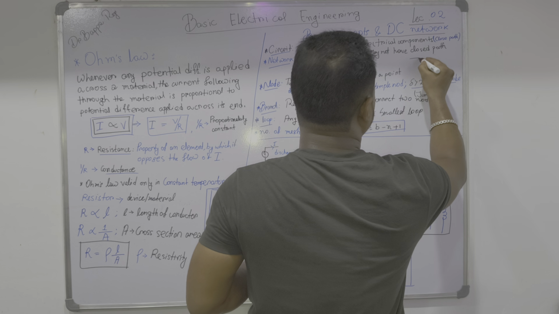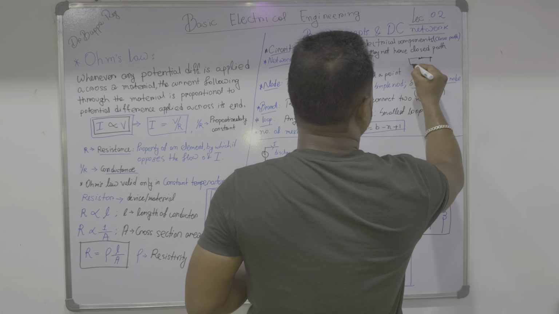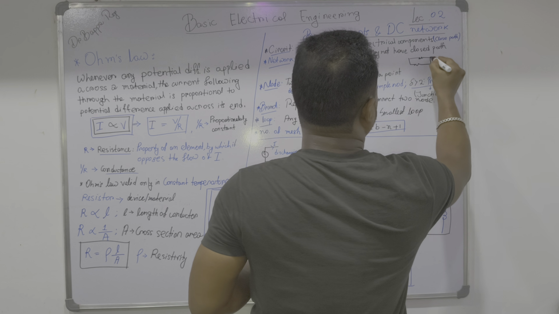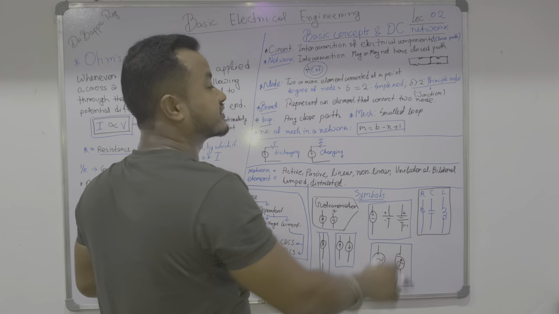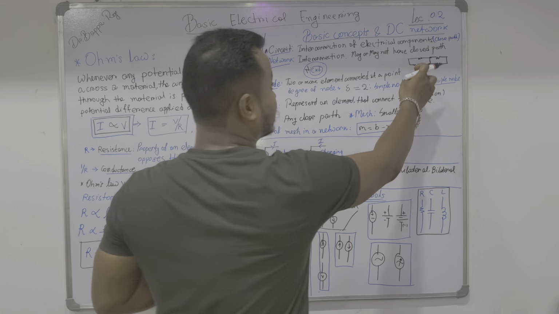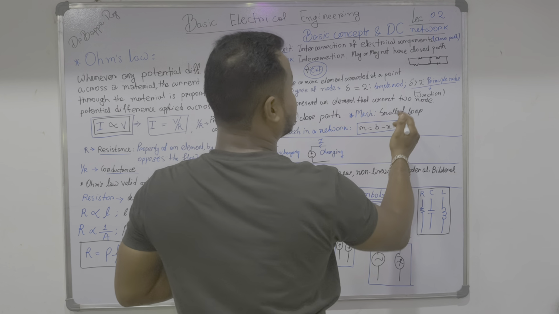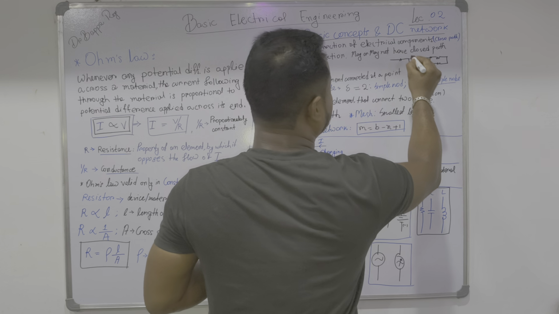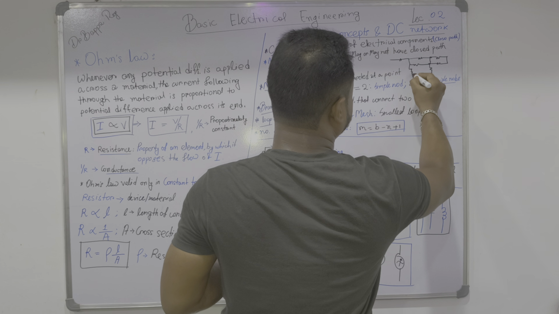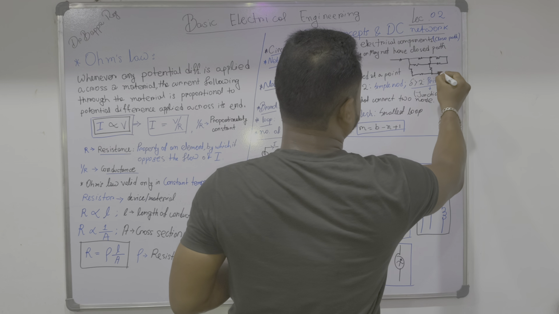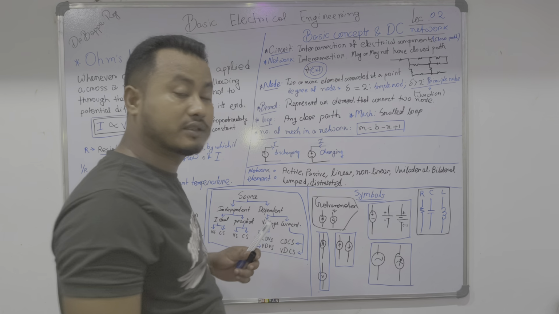Let me draw one. This we can call a circuit, just one closed loop. If we add more here, maybe you can call it a network.